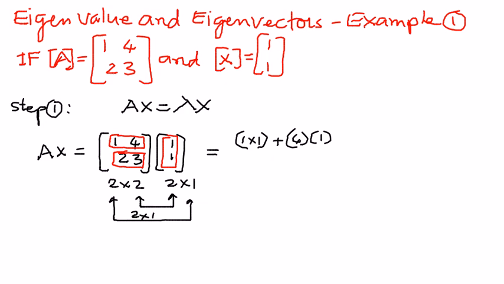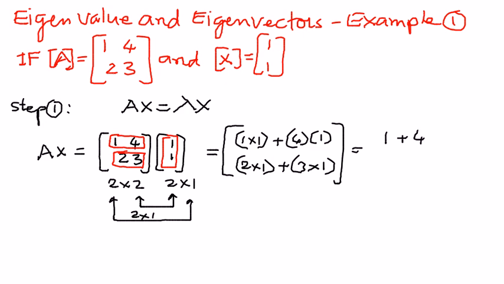And then when we do that, it is going to be 2 times 1 plus 3 times 1. So when we simplify this, this is going to come out as 1 plus 4 and then 2 plus 3. When we simplify this some more, it is going to be 5 and 5.